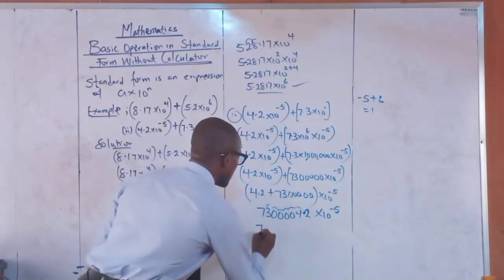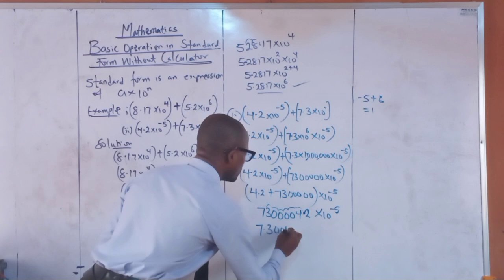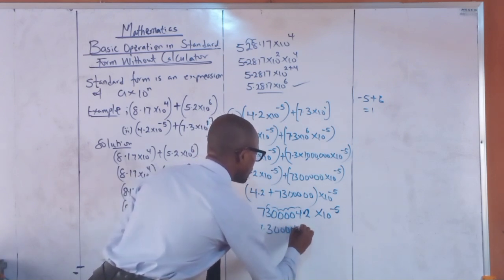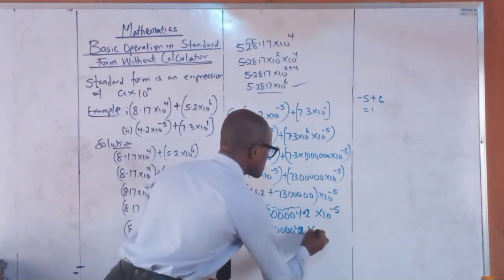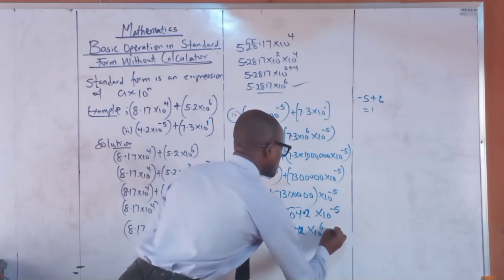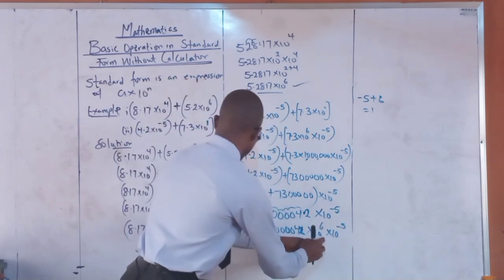So we have 7.300004 that's 42. This time around, we've taken the point. Then times 10 raised to the power 6 times 10 raised to the power minus 5. So here we can now add.